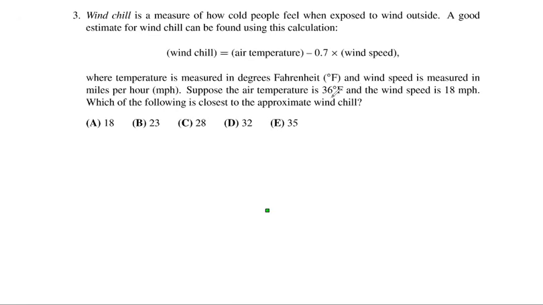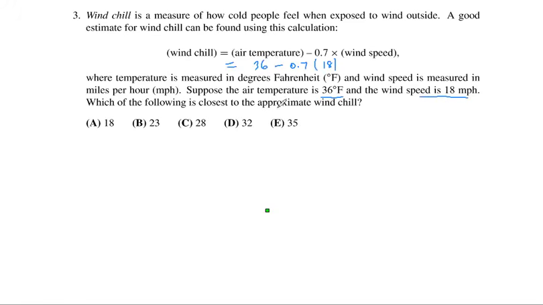Suppose the air temperature is 36 Fahrenheit. I'm taking a look at the units so I don't miss any. So the temperature is 36, minus 0.7 times the wind speed, and we are told the speed is 18 miles per hour. So I think we just need to replace those numbers. That's what we are going to be doing.